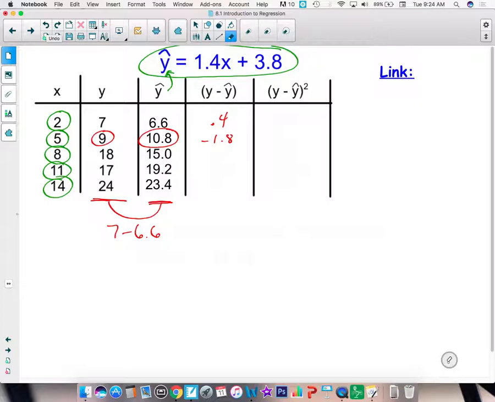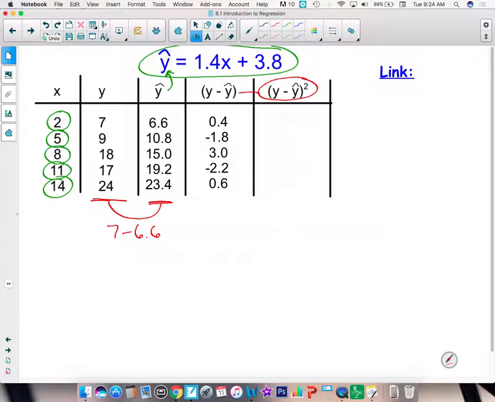Okay, so fill out the rest of that chart. Okay? So after you finish that one out, these are the numbers that you should have. And now this last column here is the same exact thing as this column, but you're squaring everything.